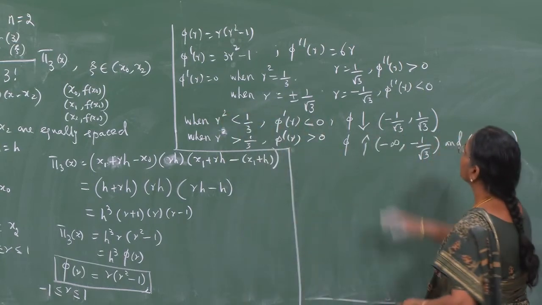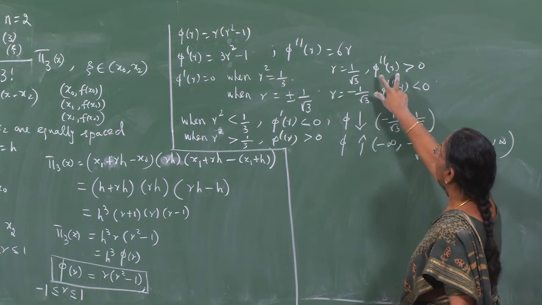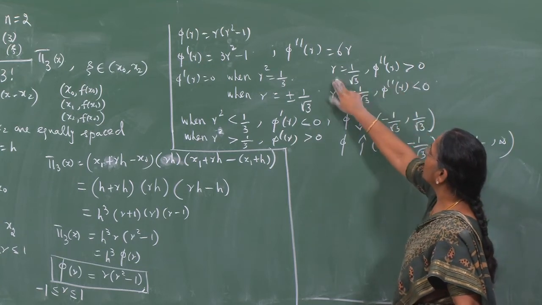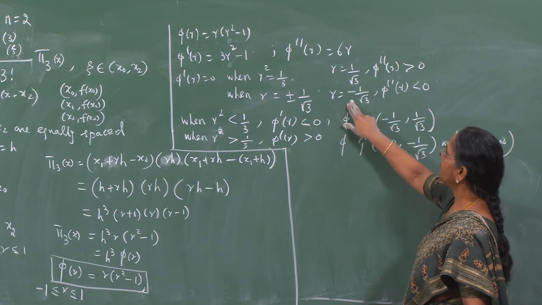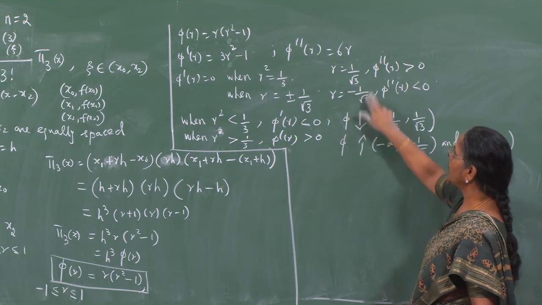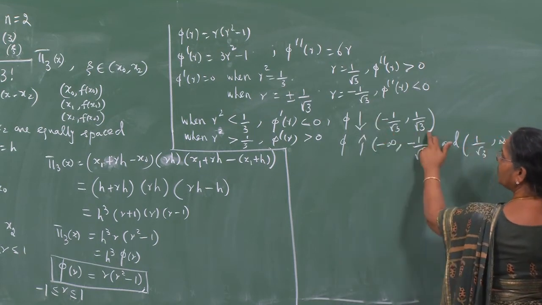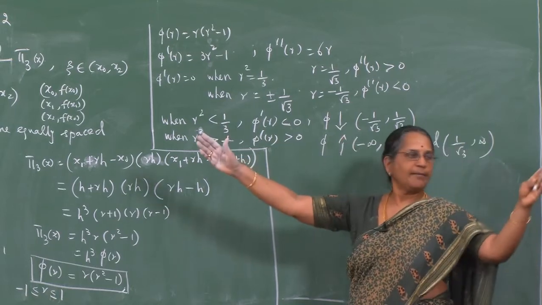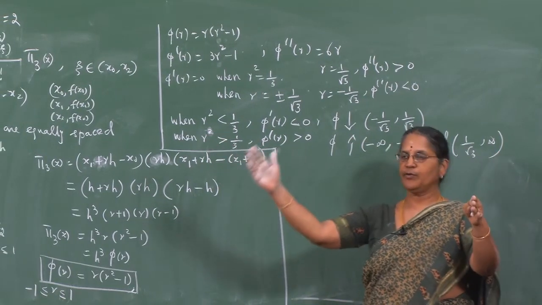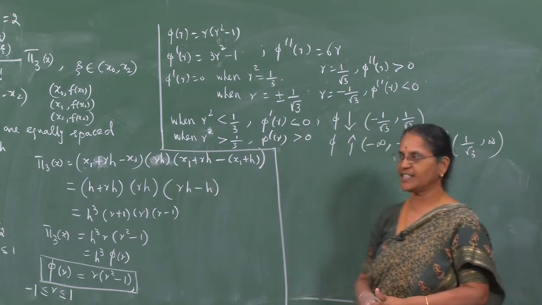Therefore, phi attains a minimum at r equal to 1 by root 3 and attains a maximum at r equal to minus 1 by root 3, and it decreases between minus 1 by root 3 and plus 1 by root 3, and on minus infinity to minus 1 by root 3 and 1 by root 3 to infinity, it increases.